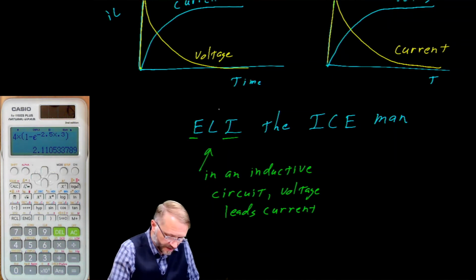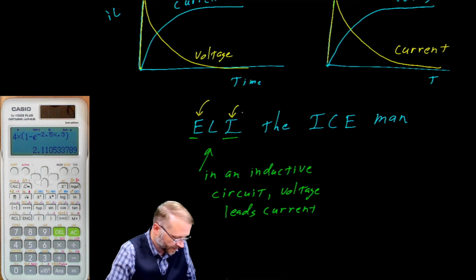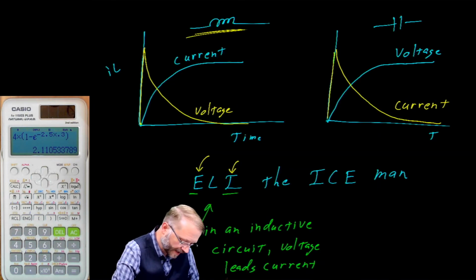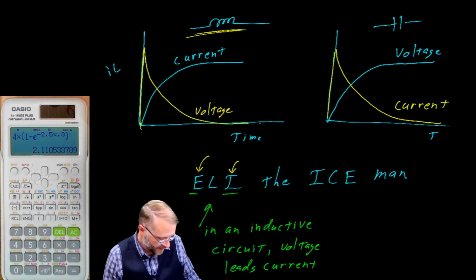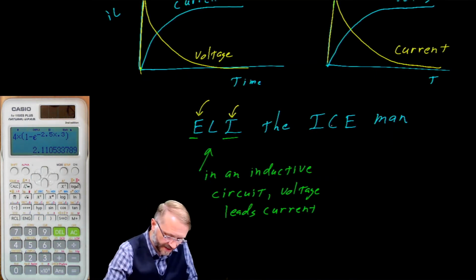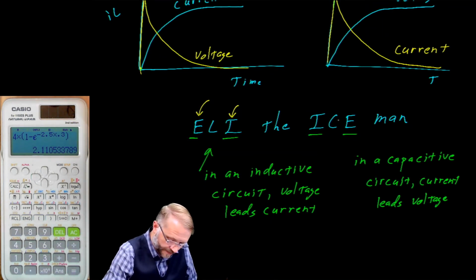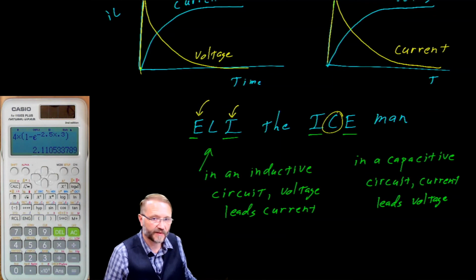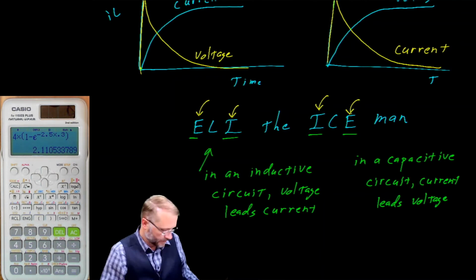In an inductive circuit, voltage leads current. Right? We see this voltage spike, and then we see the current come up. The ice part says in a capacitive circuit, current leads voltage. Again, in a capacitive circuit, which we define as C for capacitance, the current leads the voltage.